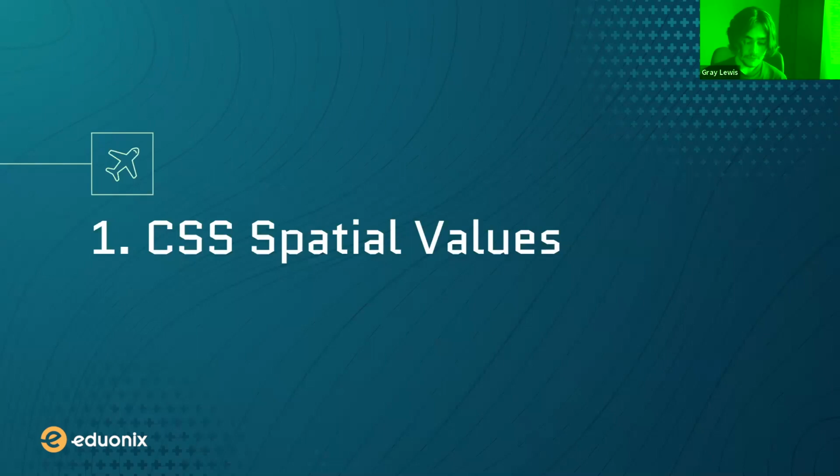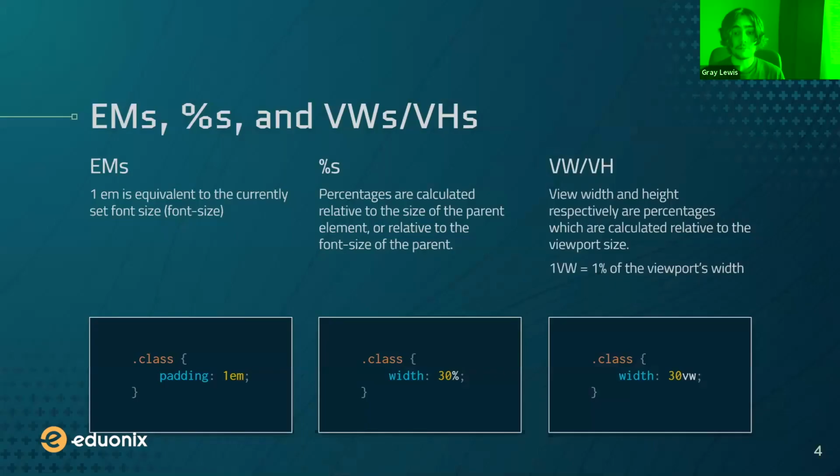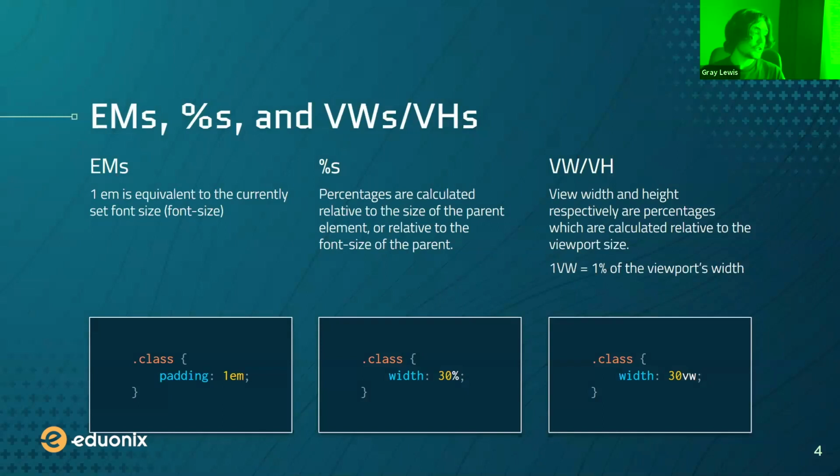For things like positioning elements on a page and telling the elements how big, how wide, and how tall to be, these are the units that we'll be using to define those numbers.